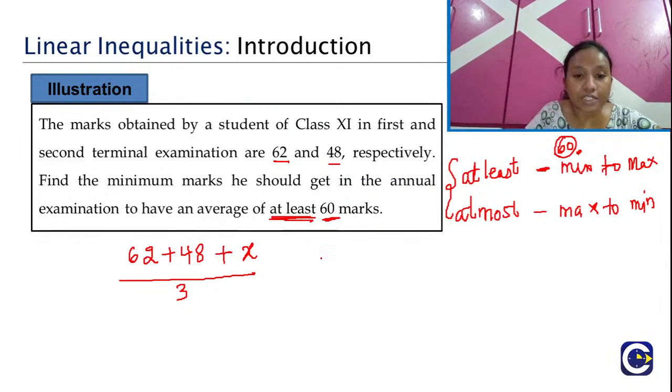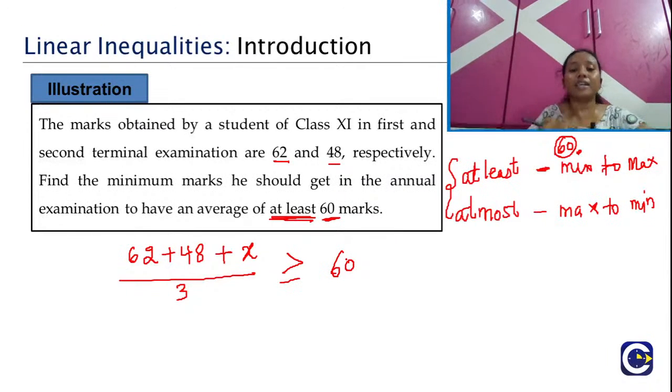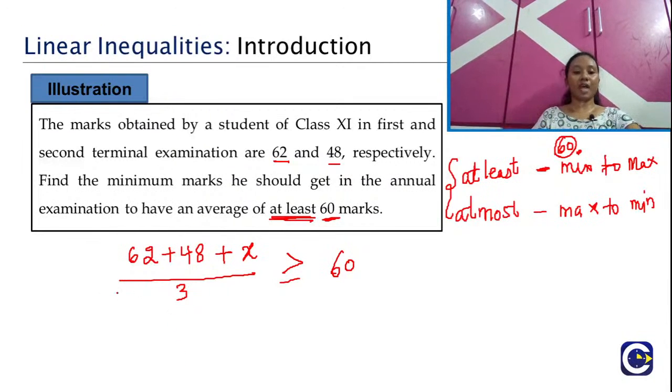So my minimum value here is 60 and he can get more than 60 also. That's why my inequality will be greater than or equal to 60. So the inequality is (62 plus 48 plus x) divided by 3 is greater than or equal to 60.